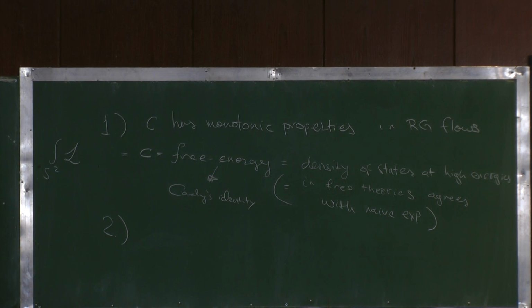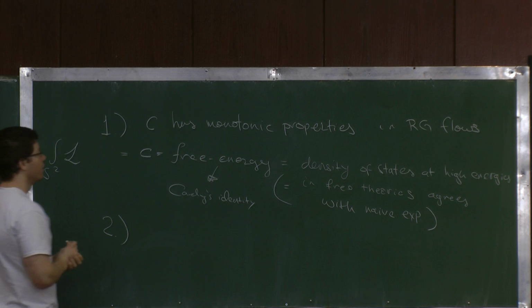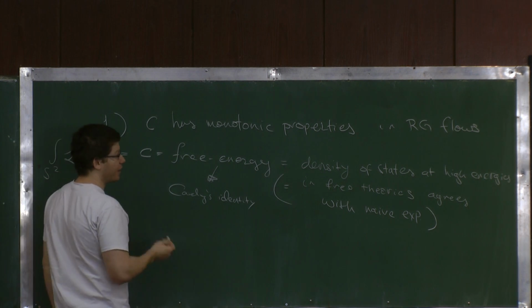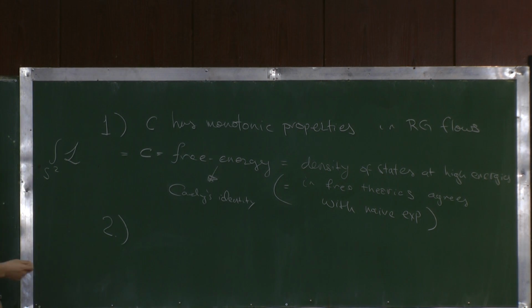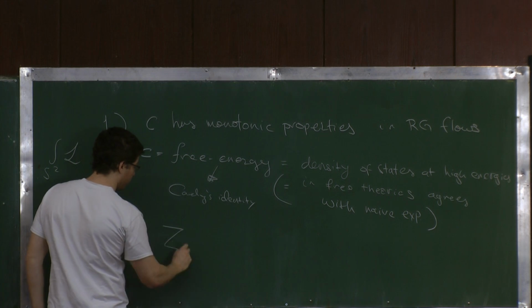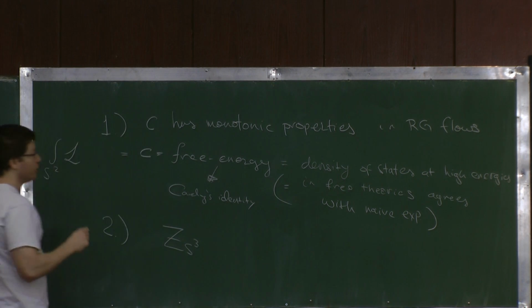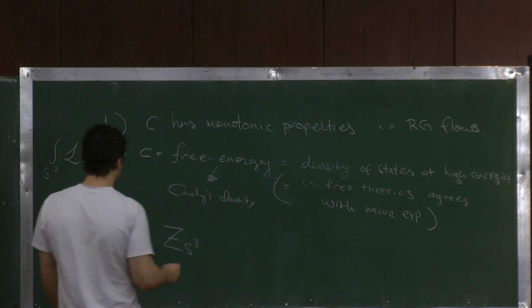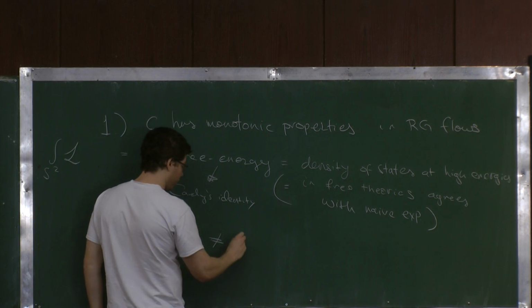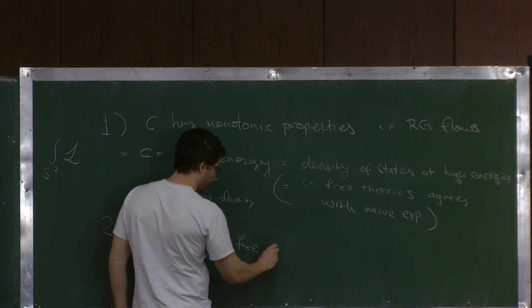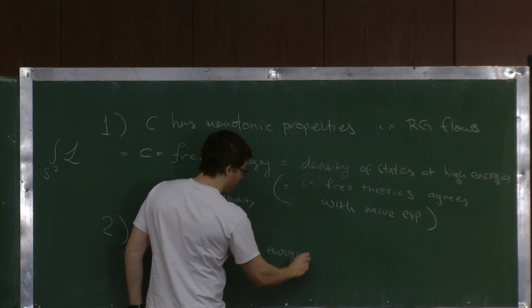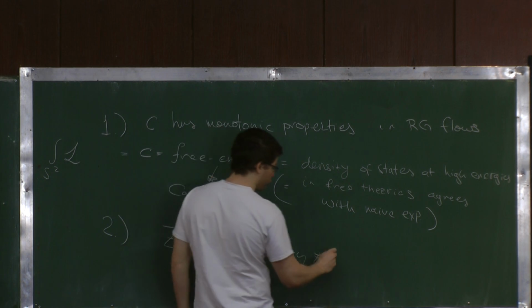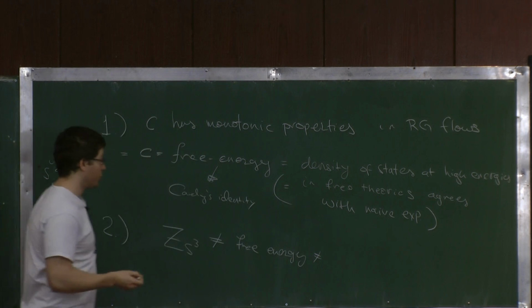Now, in the next lecture, meaning yesterday, we found a peculiar candidate in three dimensions, which was the partition function on the three sphere. And all these nice equalities in two dimensions are actually rendered incorrect in three dimensions. In three dimensions, the partition function on the three sphere is not equal to the free energy, and it's not equal to any naive notion of a number of degrees of freedom.